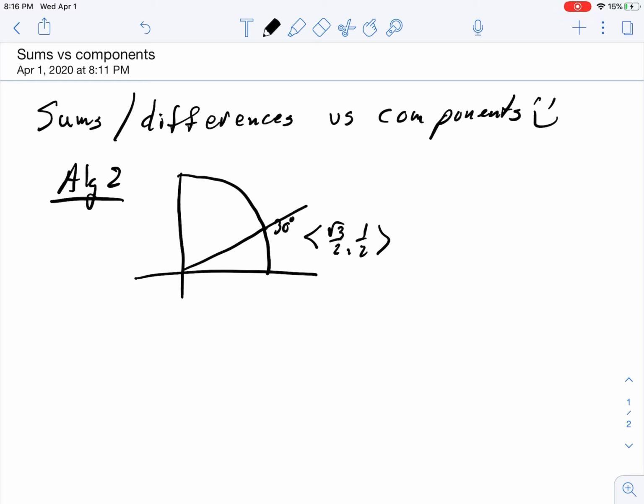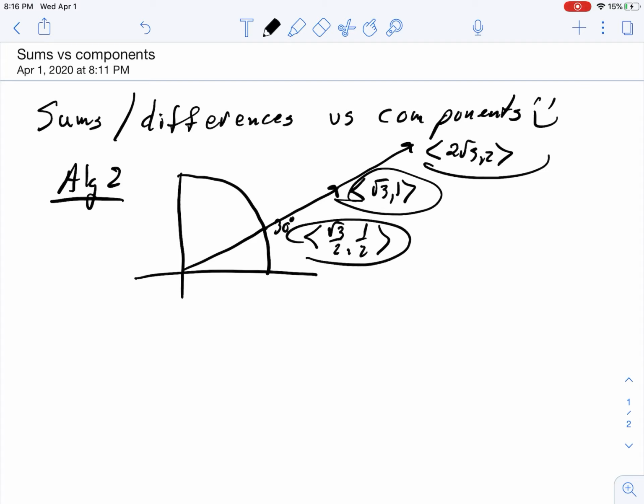If I multiply by a scalar of 2, this would be root 3 comma 1. And if I multiply by another 2, I get 2 root 3 comma 2. I can get any one, and it would all be the same.